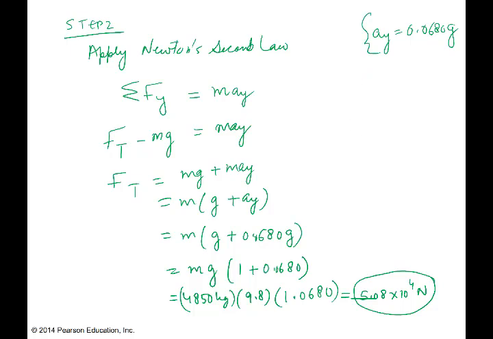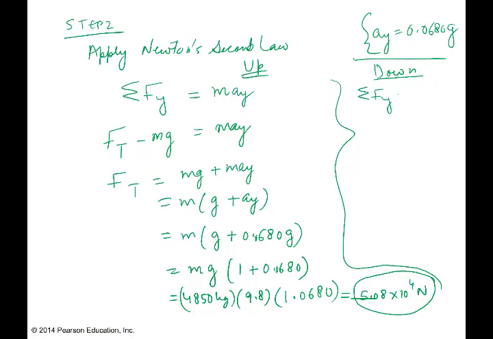The minimum force exerted will be when it goes down. So watch the trend. Now this is going up and now going down. So when it is going down, the net force acting on the elevator is going to be minus ay because it's coming down. So the scenario is it's going down, so acceleration being a vector quantity can be placed as negative. Again, the net force Ft minus mg, which is the weight, is minus may.